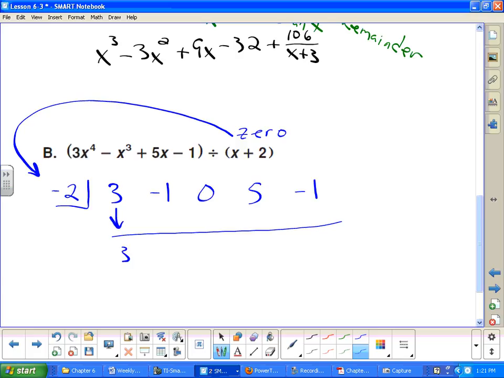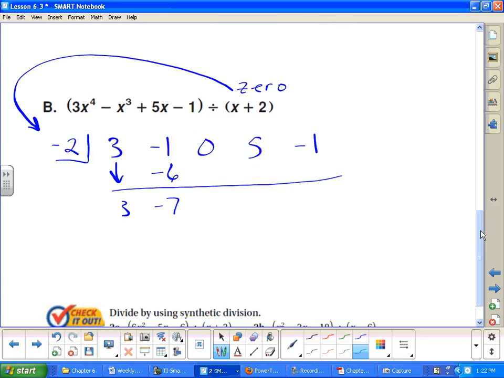First one always comes right down. Bring the 3 right down. Negative 2 times 3, negative 6. We multiply our 0 times what's in the bottom and move it up to the next spot. Combine them. Negative 1 and negative 6 is negative 7. Negative 2 times negative 7, positive 14.